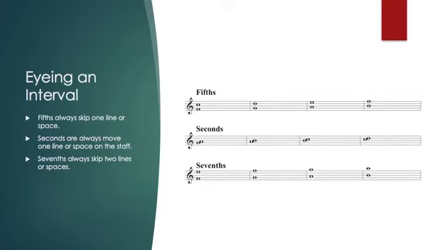Okay, so generic intervals are, as I said, a very useful way to just quickly identify these notes on the staff system. So in the first line there, that's labeled fifths, each one of those intervals is a perfect fifth, well, except for the 4th measure. But generically, they are all fifths.